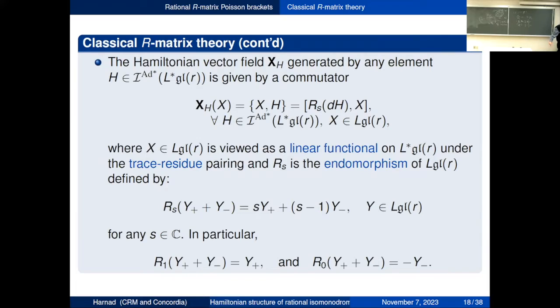You take the function, which is a function on the dual of this loop algebra, take its differential, that's in the dual space. It's an element of the loop algebra. So dH is in the loop algebra. And then apply this endomorphism, R_S, which is really the R-matrix. In this case, it's the so-called split rational R-matrix. You just divide up your element into positive and negative frequency.